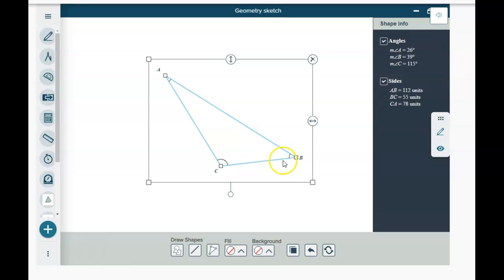This is also what is considered a scalene triangle, because if you notice, none of my sides are the same length. So this right here would be considered a scalene triangle because none of my sides are the same length.